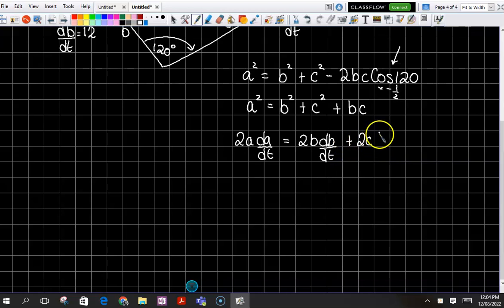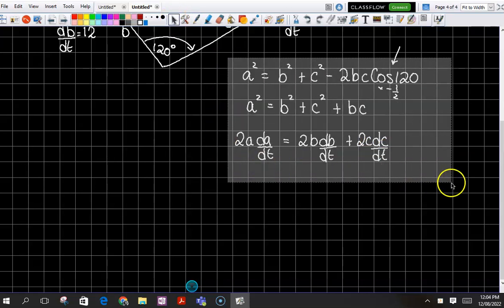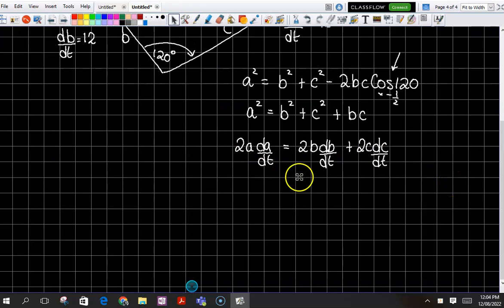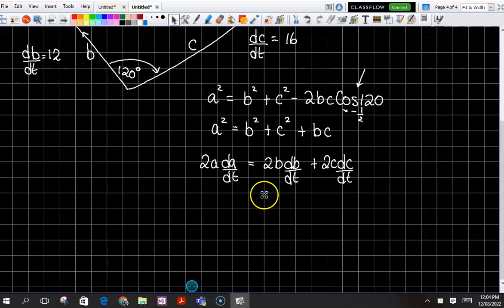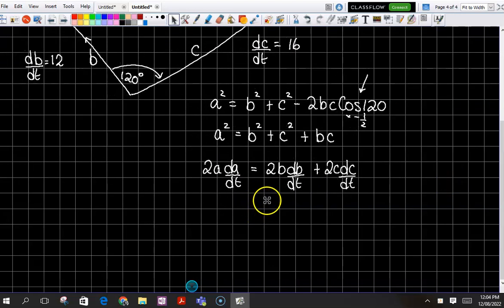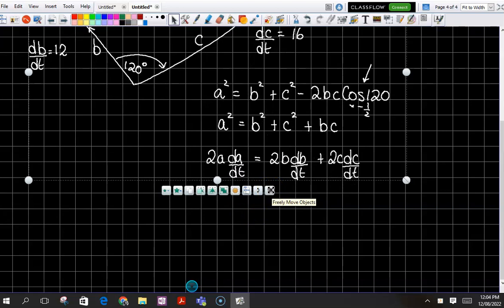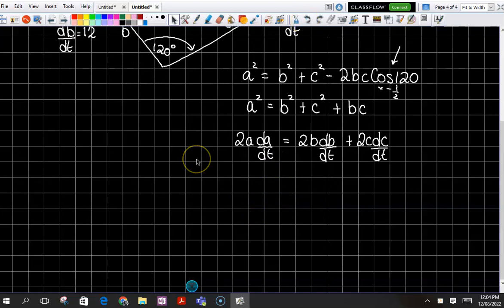Plus 2C dC by dt, and this is where I love my board because I'm running out of room.